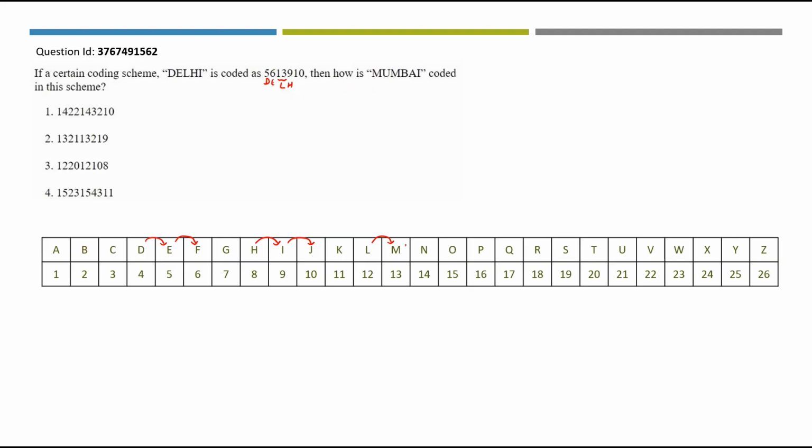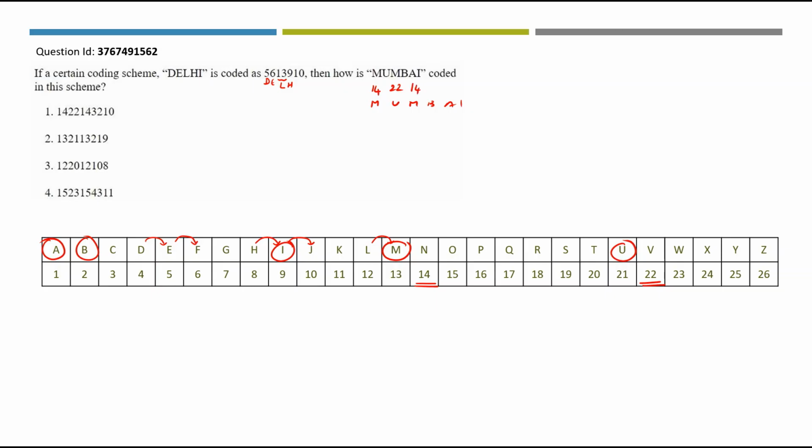So let's pick up M, U, M, B, A, I. What is the digit next to M? It is 14. So the code will start with 14 for M. Next for U, we have 21 here. So the next digit 22 will be picked up. Again for M we will have 14.